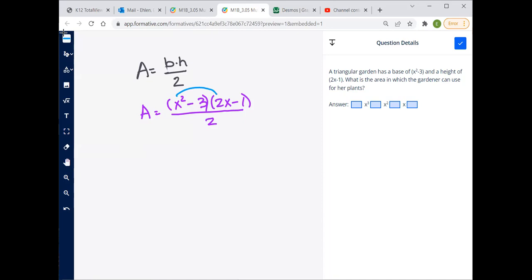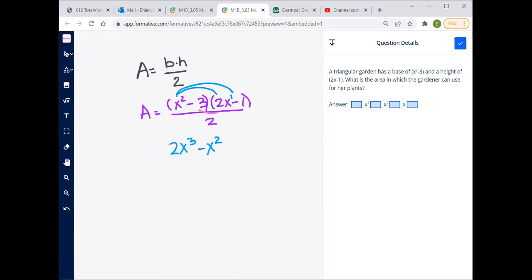So x squared times 2x. Remember, we have the 2, and then x to the 3rd power because we want to add those exponents. Then x squared times -1 becomes negative x squared, or negative 1x squared.